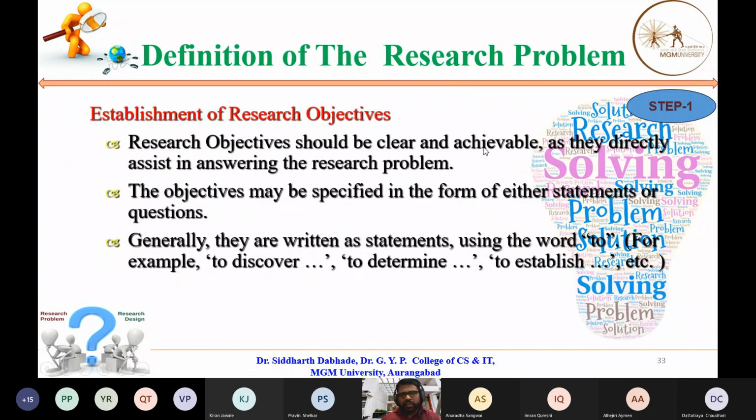While creating the objective, you need to be specific while writing your statement. I will show you some examples of how to write the statements while deciding the objectives. The objective should be like this: to discover, to determine, to establish.